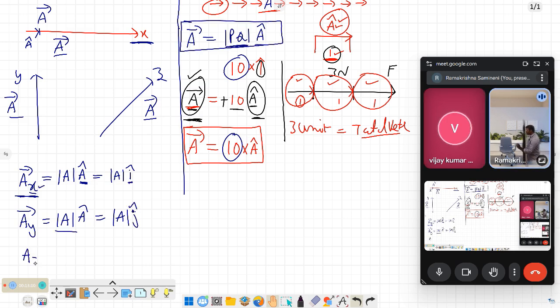Similarly, if the vector is along the z-axis, a cap is replaced with k cap.